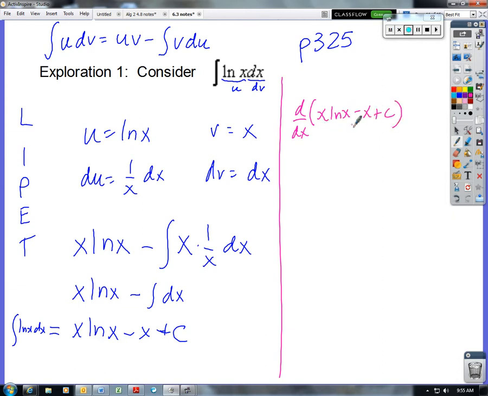Okay, I'm seeing the product rule here, u and v. So u times the derivative of v plus v times the derivative of u, minus the derivative of x is 1, derivative of c is 0. This is 1 plus natural log of x minus 1, which is natural log of x. So we have success.